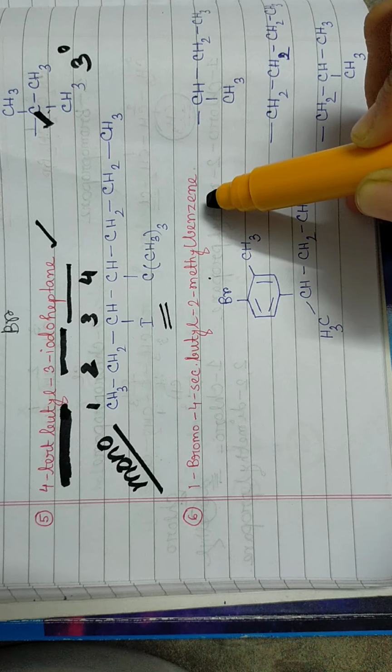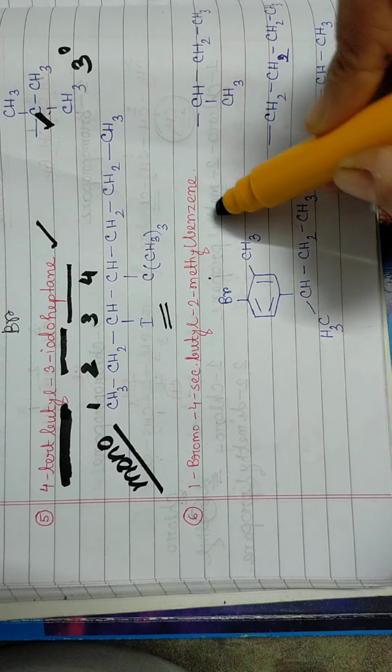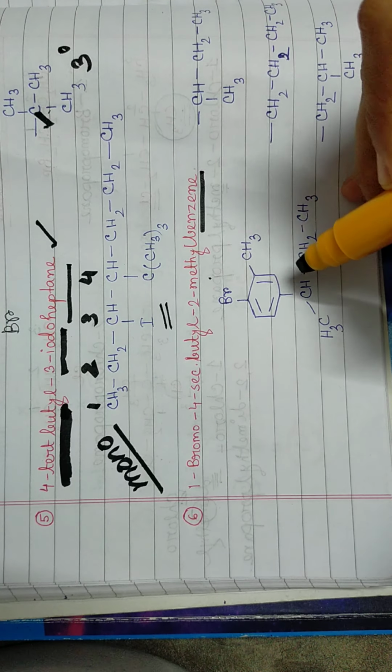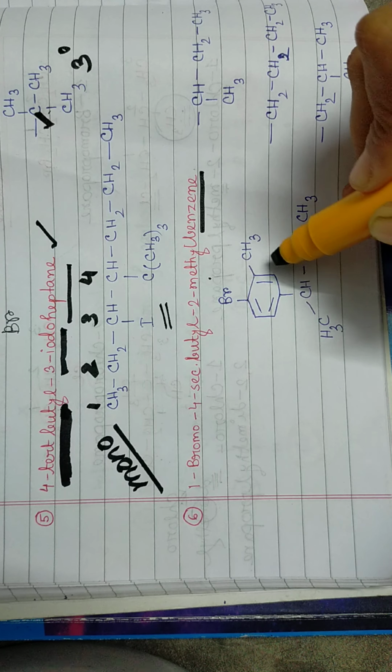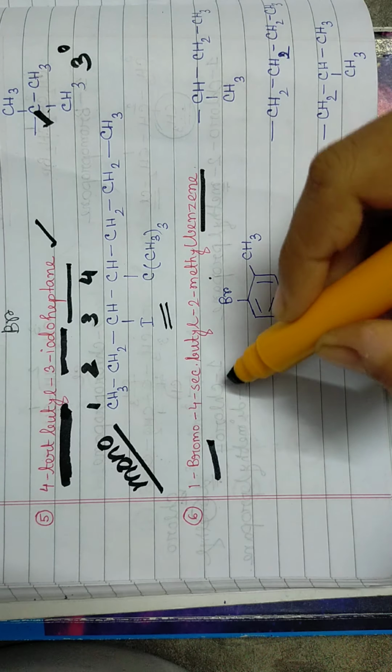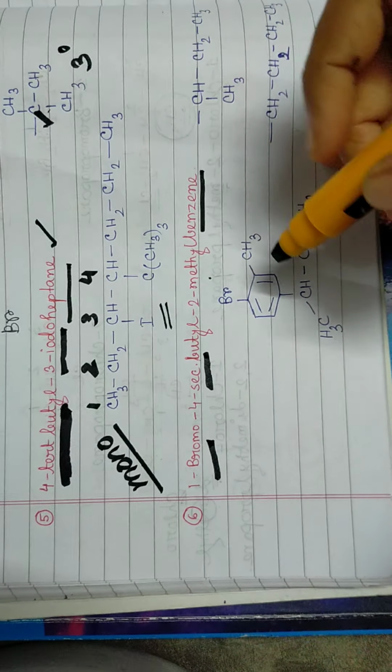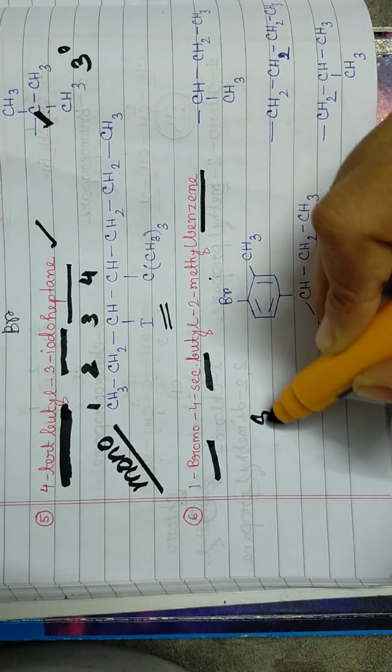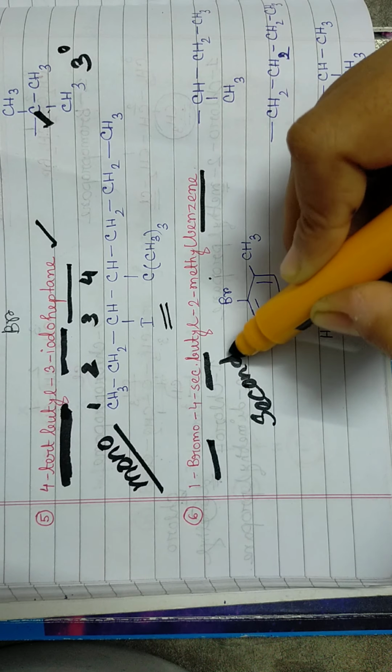1-bromo-4-sec-butyl-2-methylbenzene. In this case benzene will be the main group. So we have written benzene, and with that there will be bromine in the 1 position. In the 4th position there will be sec-butyl. Sec means secondary or 2 degree.